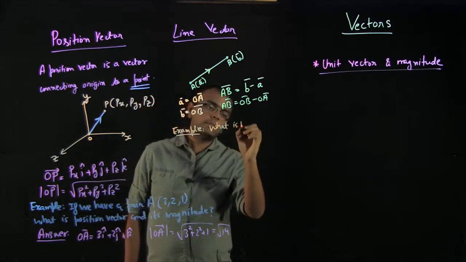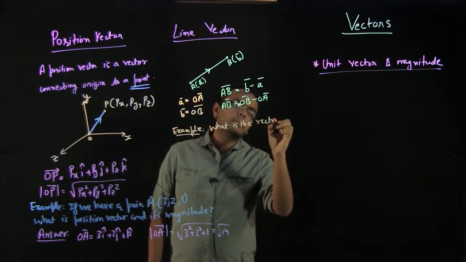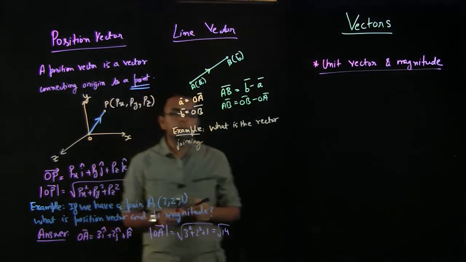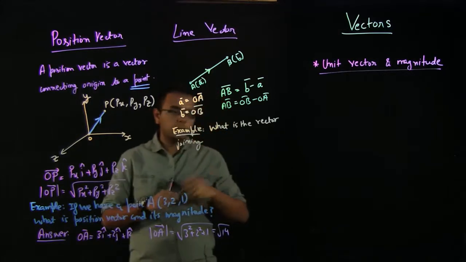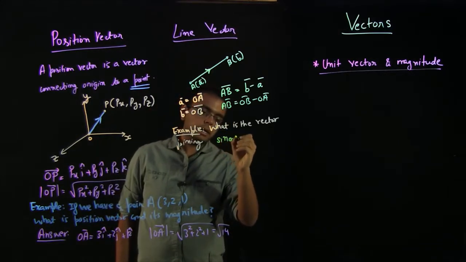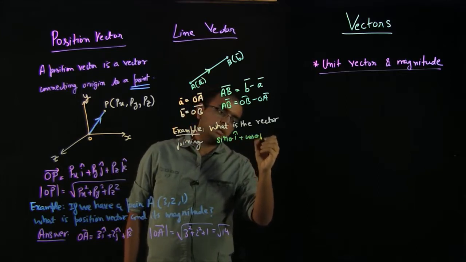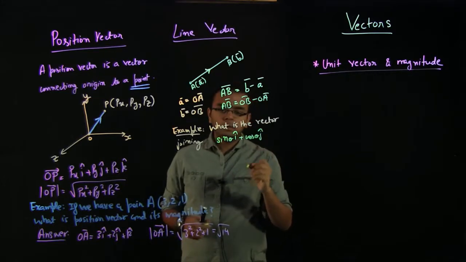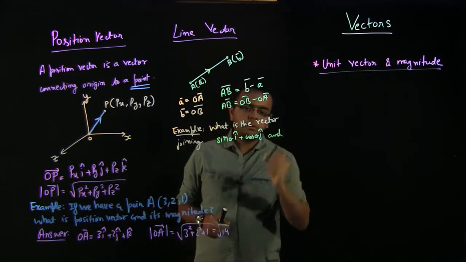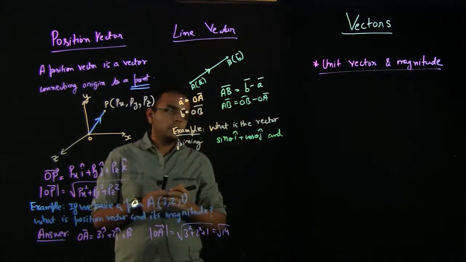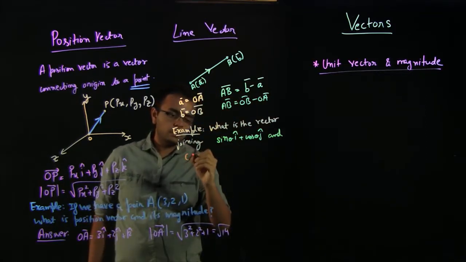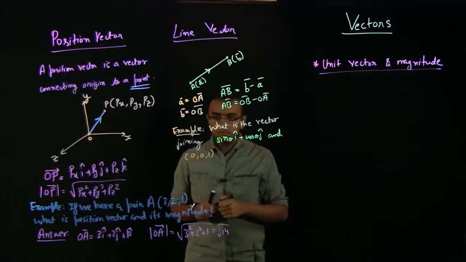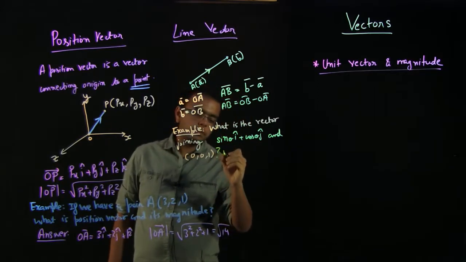What is the vector joining sin theta i cap plus cos theta j cap and 0, 0, 1? What is its magnitude?